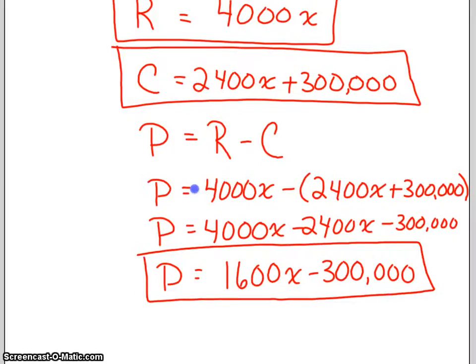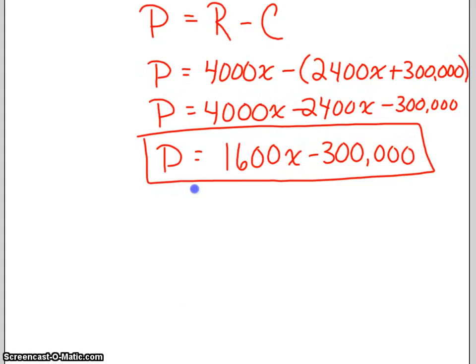Okay, just to get you thinking a tiny bit here. Let's say we make 0 items. So profit of 0 items. This is function notation, so evaluate our profit expression when x is 0. Check this out.